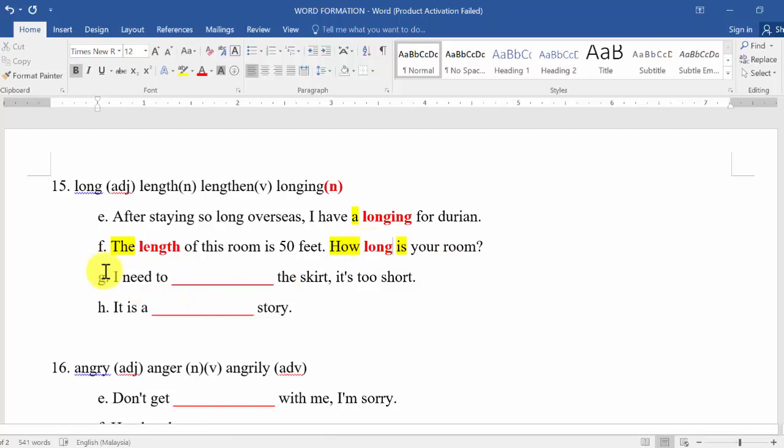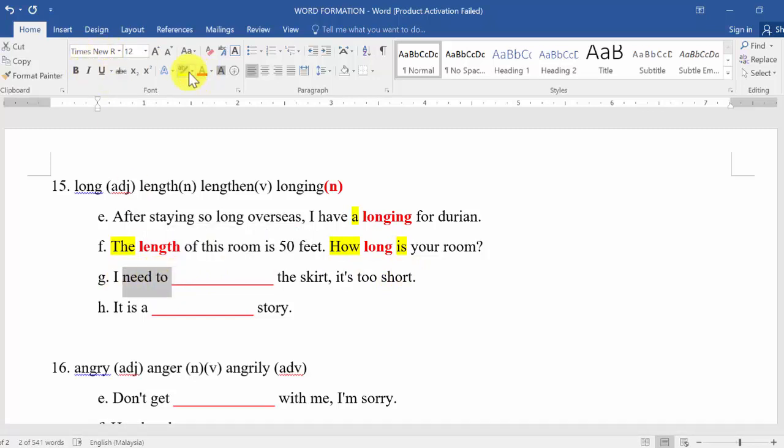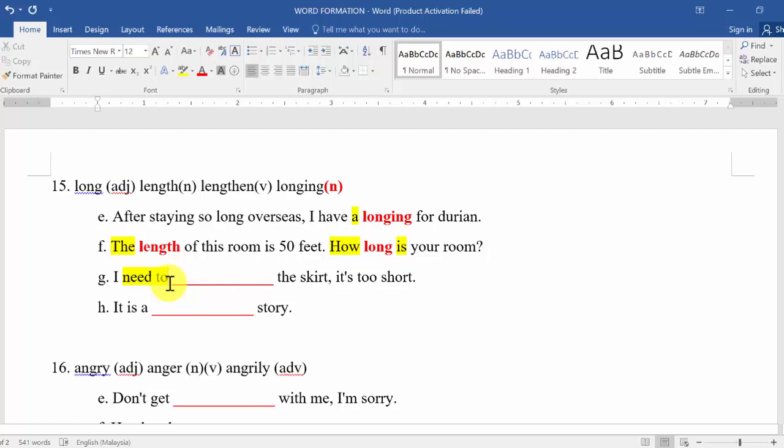Next one, G. I need to something the skirt. It's too short. Highlight the words need to. When you see need to in a sentence, it means that you need to do an action. I need to eat. I need to go to school. I need to write the composition. I need to do my work.